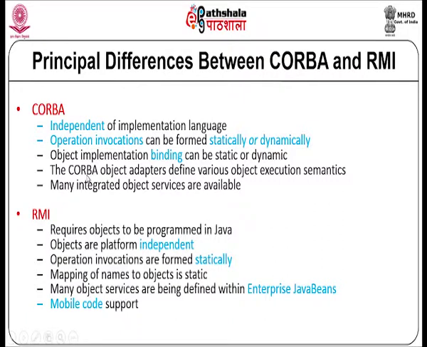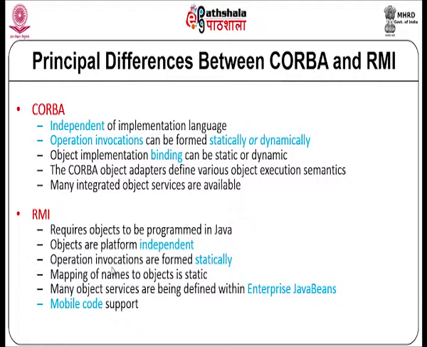Object implementations are bound in a static or dynamic way in CORBA, whereas here all the objects are bound statically. Once a remote object is created, it is bound statically to the registry in Java RMI. The object implementation binding could be static and dynamic in CORBA, whereas the mappings of names of objects are static in Java.